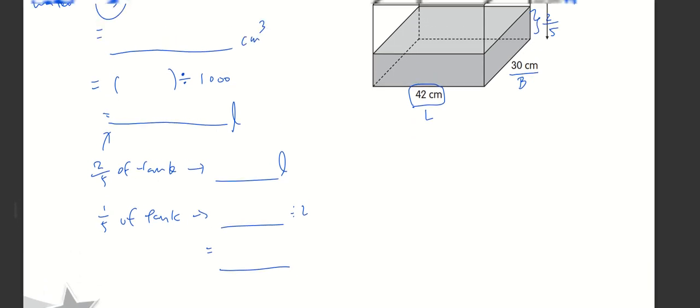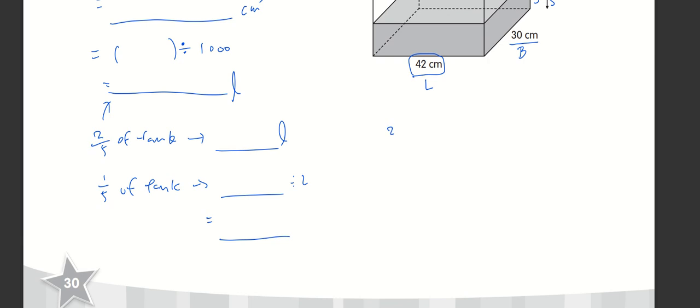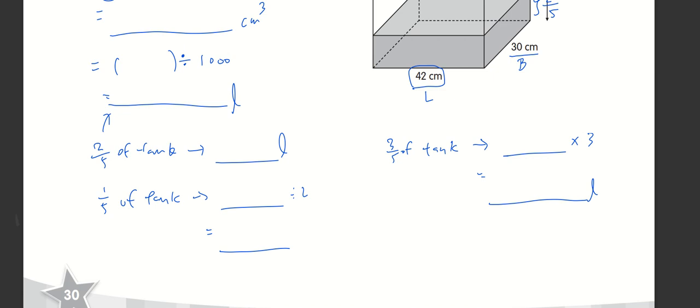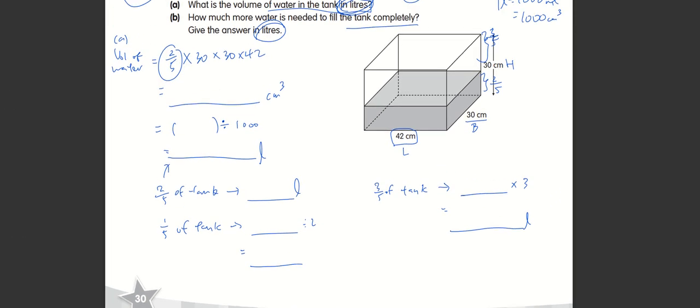And then if I'm talking about filling it completely, this 3/5. So 3/5 of the tank will be the value times 3. That will be liters. So to fill the tank completely, how many more liters is needed?